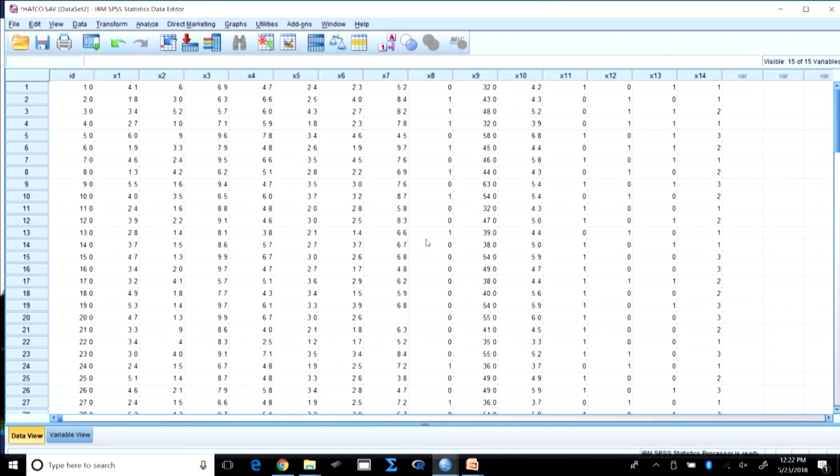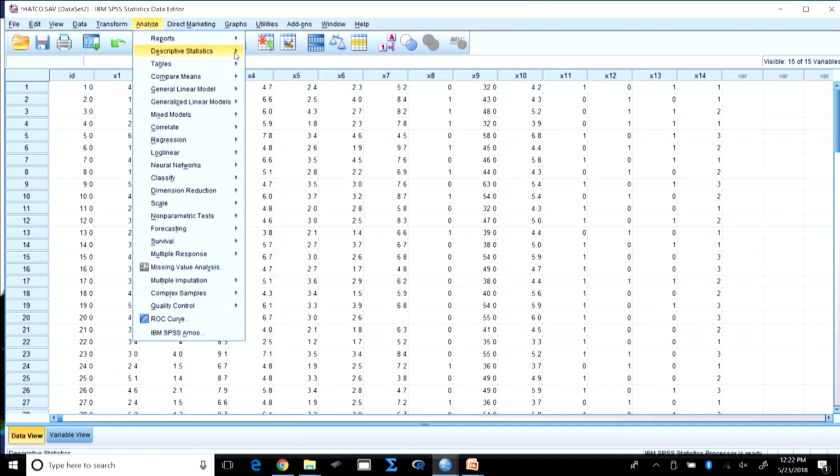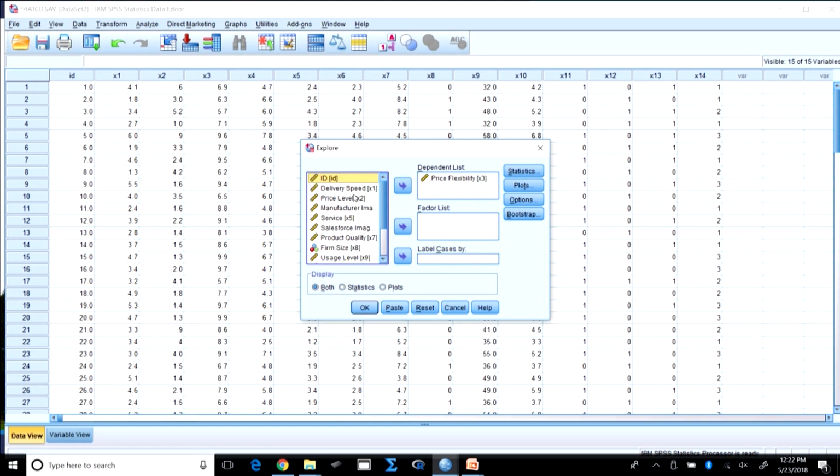But suppose you find some data is not normal. I do not have such data, so we can check all the others. We will take delivery speed, price level, manufacturer's image, and the others, usage level and satisfaction level.